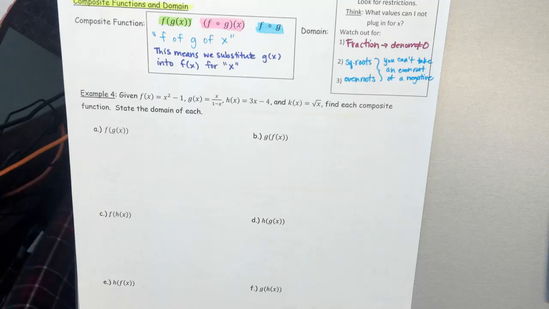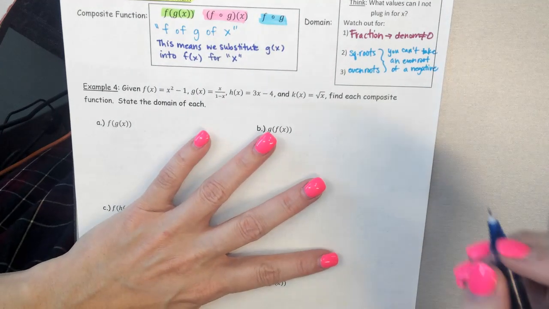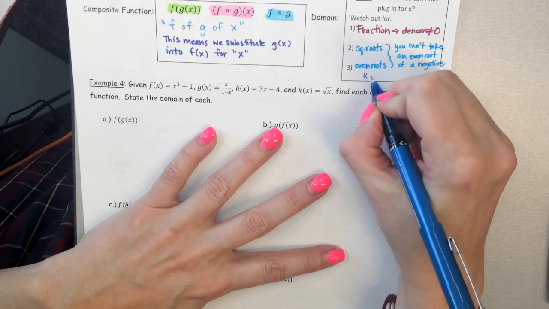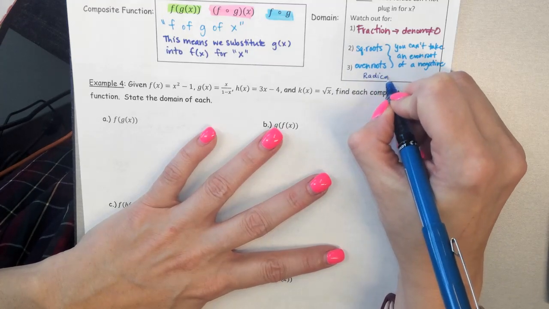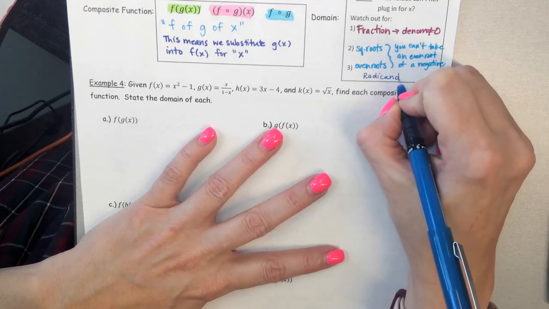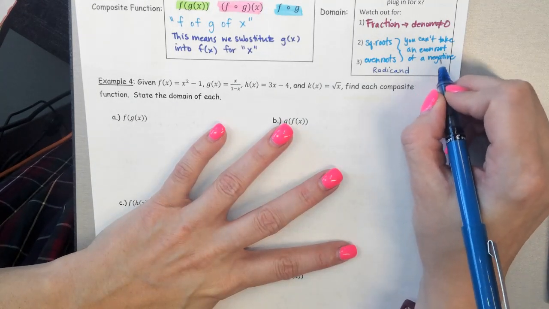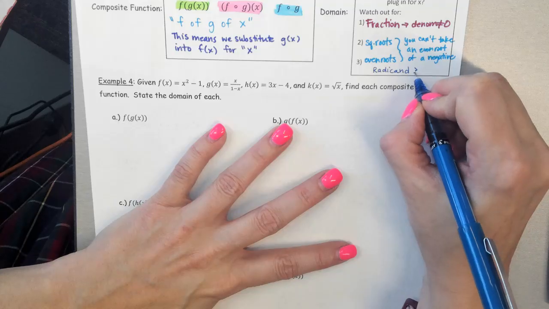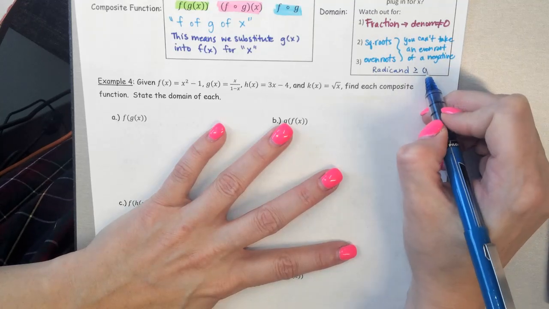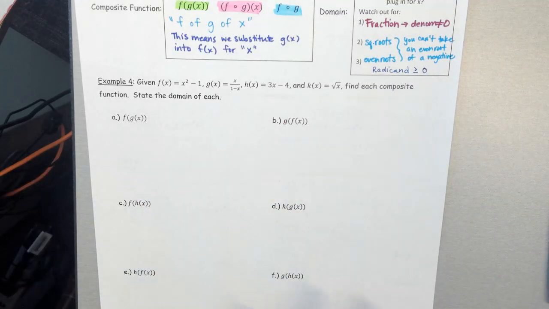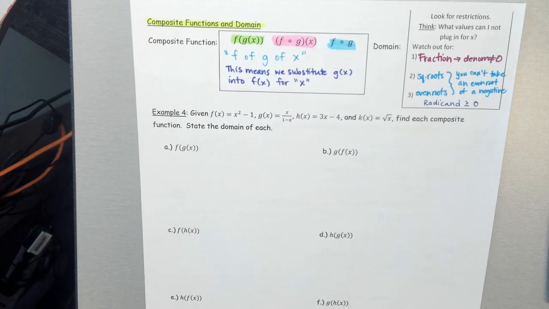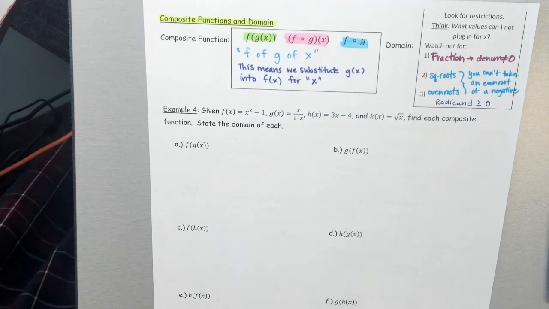Okay, so when that happens, that value underneath the square root is called a radicand, whatever is underneath there. If you can't take the even root of a negative, it has to be greater than or equal to 0. So we're going to be using that when we are finding the domain.